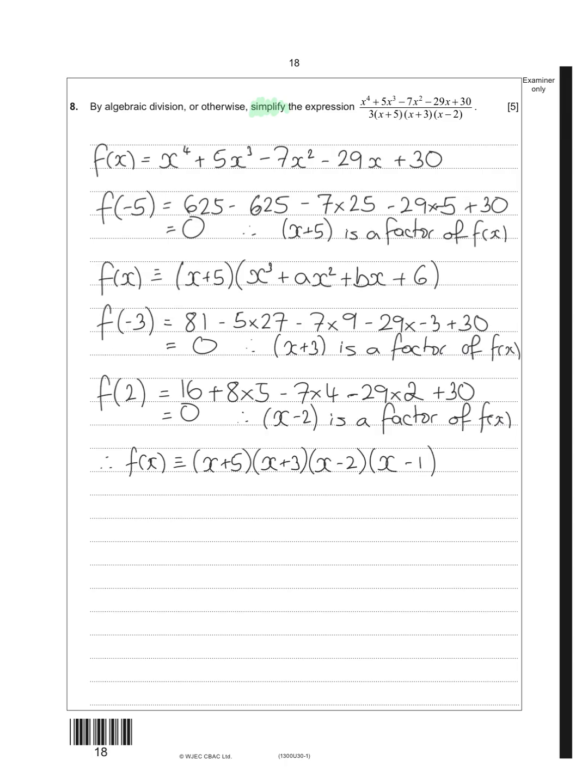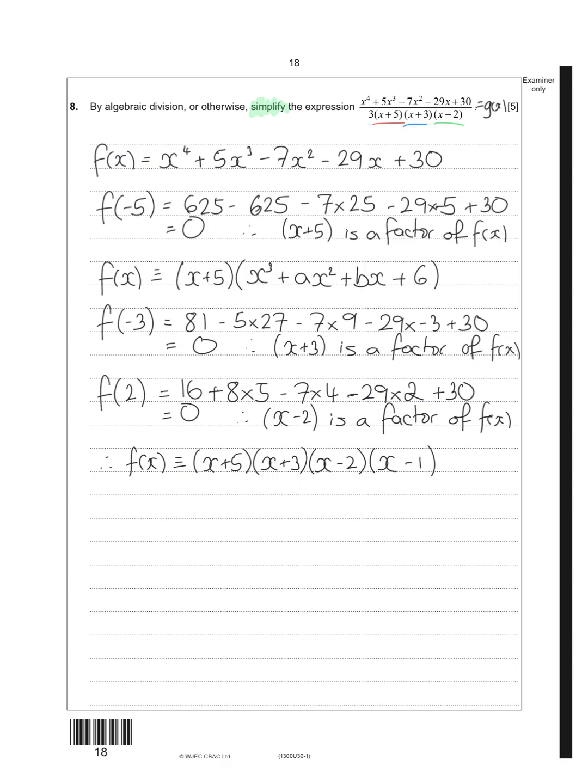Okay, so now my original function, if I go back and define it as g of x, I can say g of x is identical to x plus 5, x plus 3, x minus 2, x minus 1 over, and we already had the denominator, didn't we? 3 lots of x plus 5 times x plus 3 times x minus 2.